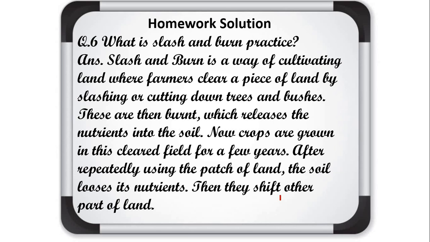Then they are burnt and the ashes are used as manure. Crops are grown in this cleared field for a few years, but after repeatedly using the patch of land, the soil loses its nutrients or fertility. Then these people shift to another part of land for cultivation. So this type of agriculture is known as shifting cultivation or slash and burn agriculture.